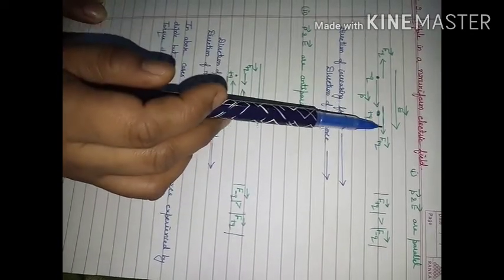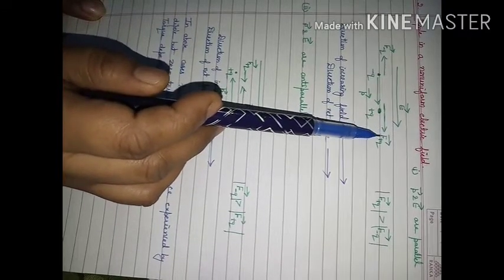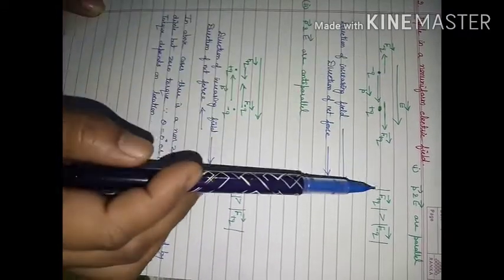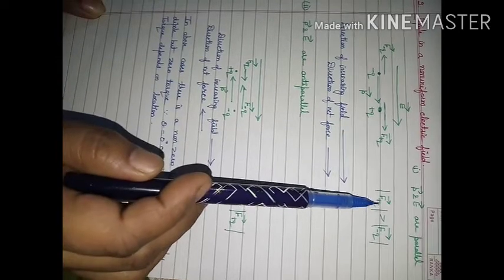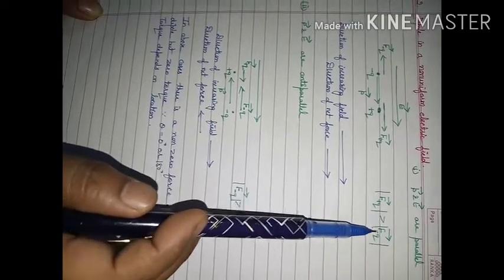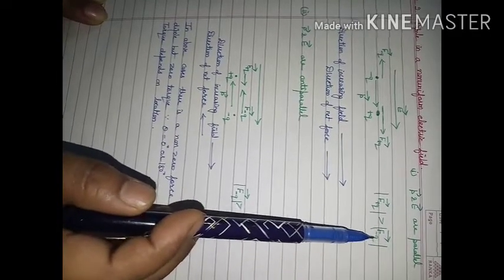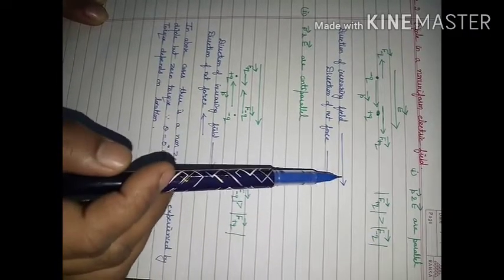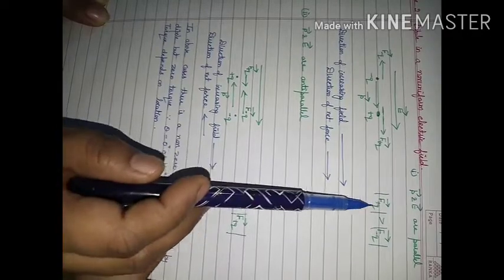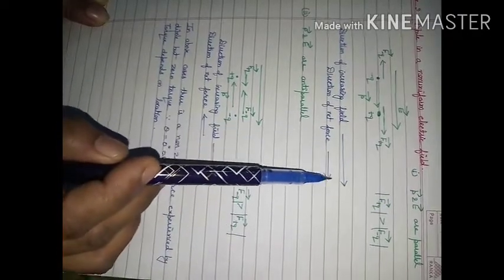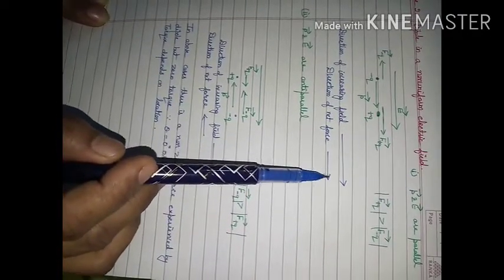I have shown it by a bigger arrow also. This force is more than this. The magnitude of force experienced by the positive charge is greater than the magnitude of force experienced by the negative charge. So what is the direction of net force? The direction of net force will be the direction of this force. So net force will be acting in this direction.